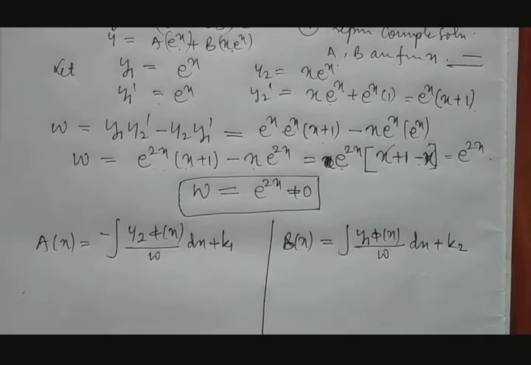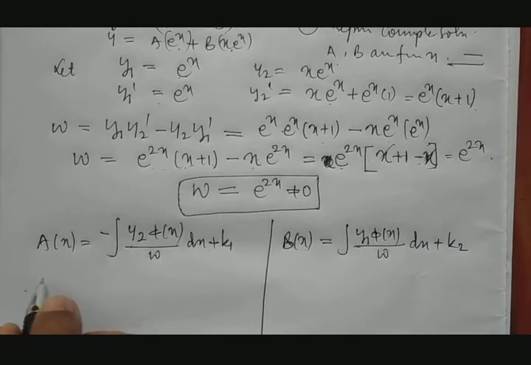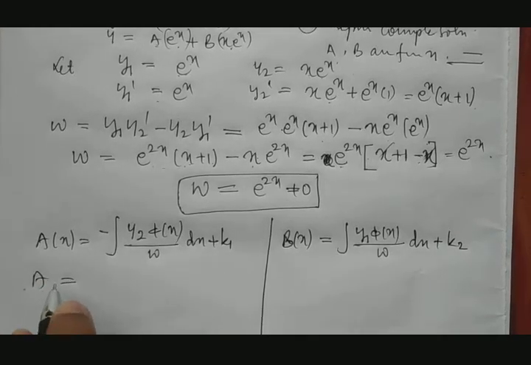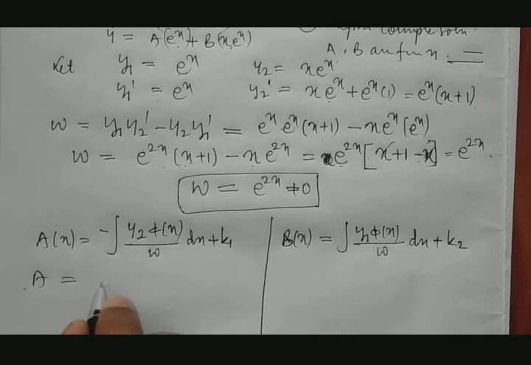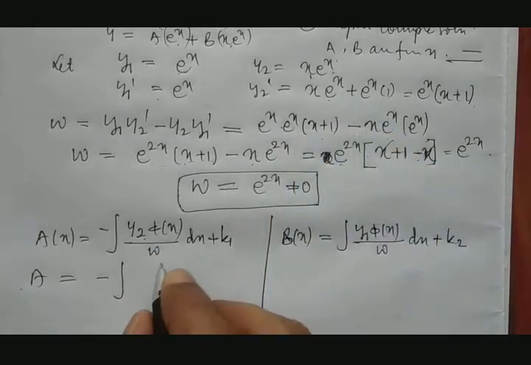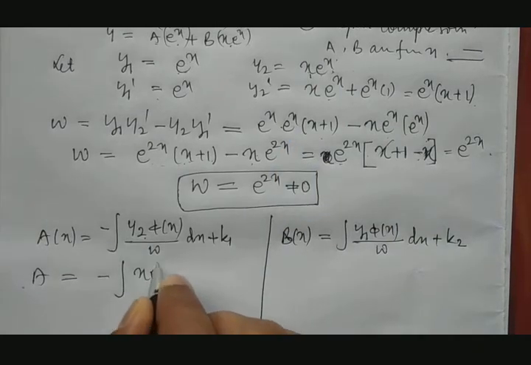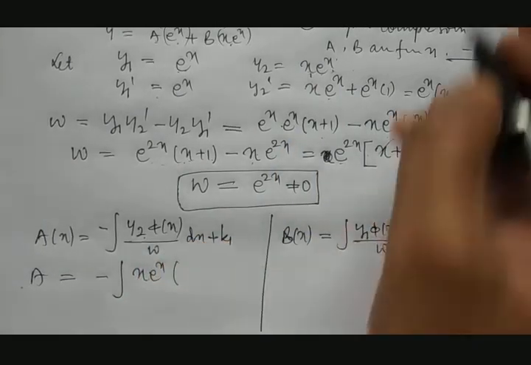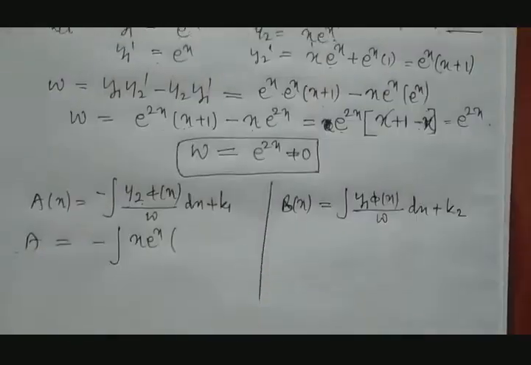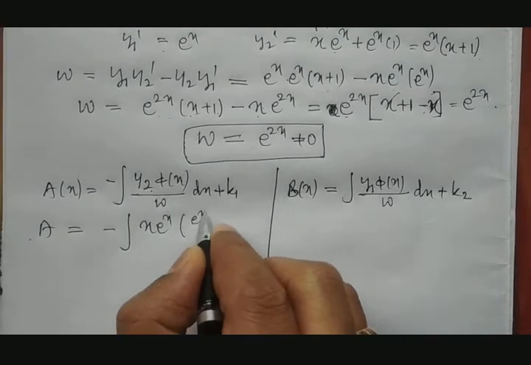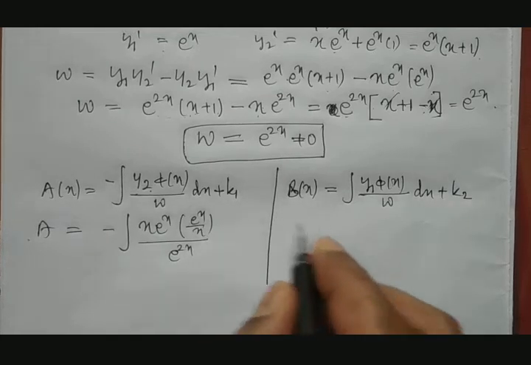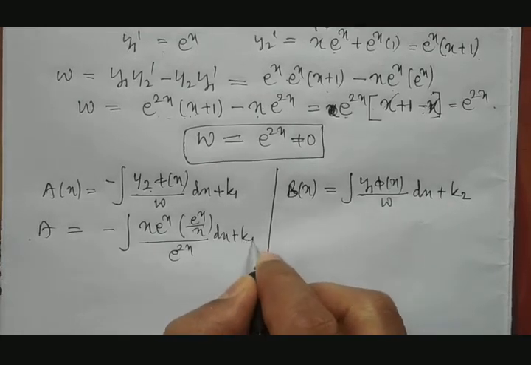Let us calculate all these values. a is equal to minus integration of y2, which is x into e raised to x, into phi of x, which is e raised to x by x, divided by W, which is e raised to 2x, with respect to x plus k1.